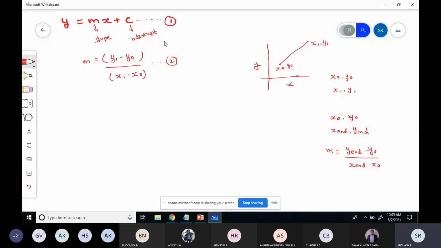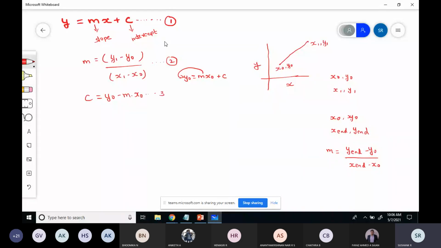How do we calculate the intercept? I've taken c as the intercept. If I take the initial position and the equation as y naught is equal to m into x naught plus c, how do we calculate c? Moving m x naught to the right hand side, by mathematics the positive will become negative, so c is equal to y naught minus m into x naught.